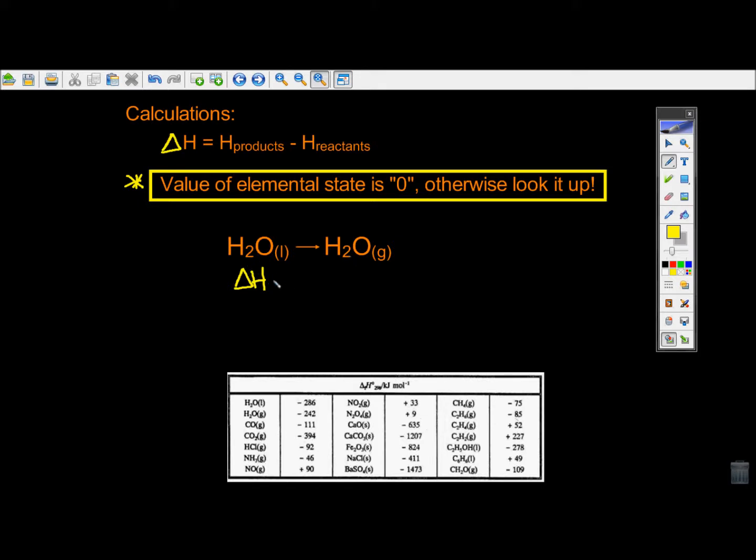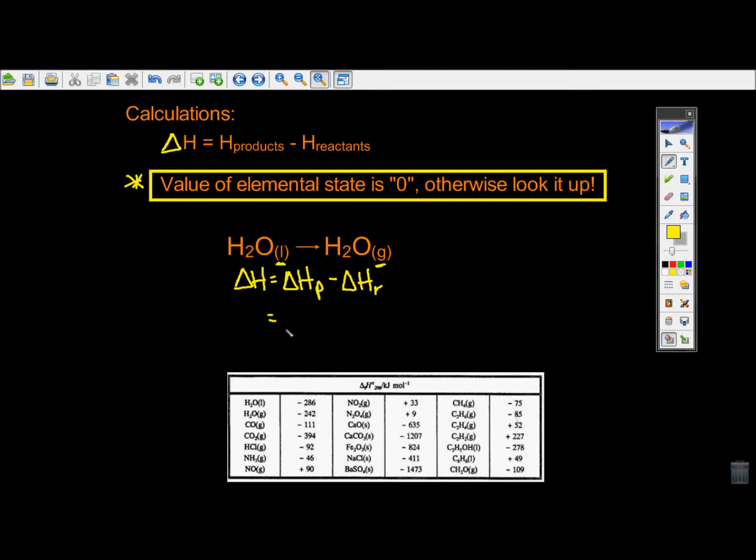Liquid water going to gaseous water. And our equation is change of products minus change in reactants. Now, you have to pay attention to your states of matter because they have different values for enthalpy. So our products minus our reactants, so we're going to start with gaseous water.